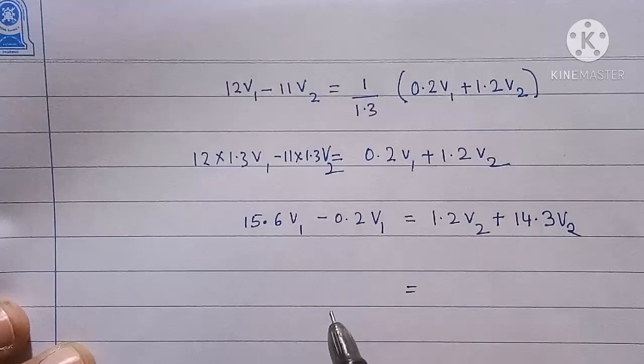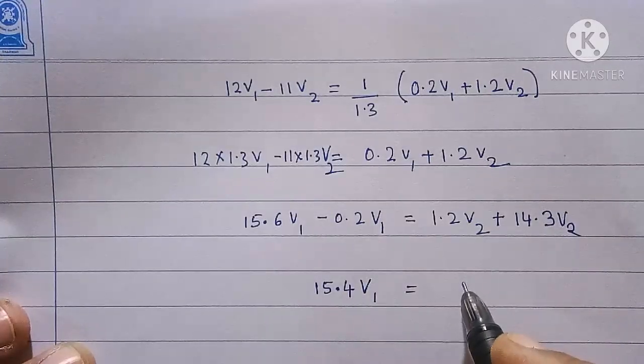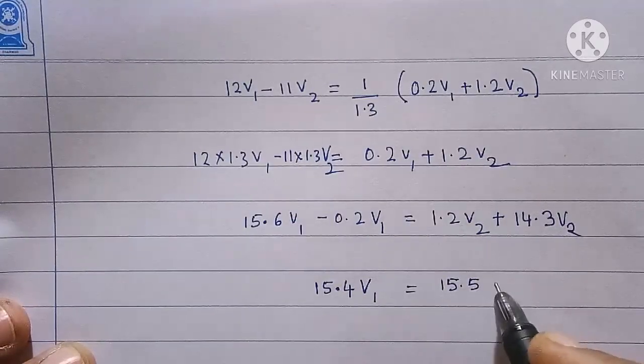Simplifying, we get 15.4 V1 equal to 15.5 V2.